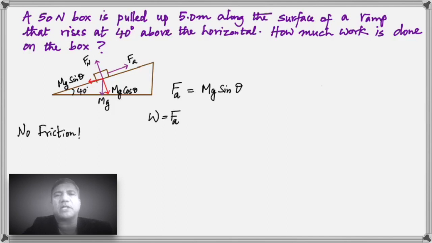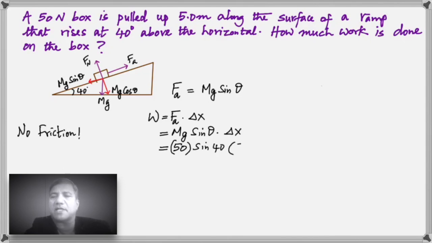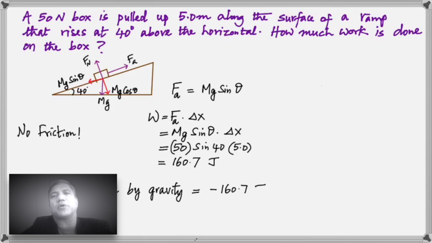So work is the applied force times the displacement in that direction, which is given as 5 meters. So mass times g is 50 newtons. That's given. Sine 40 times 5 gives you 160.7 joules. And the work done on the box is 160.7 joules.